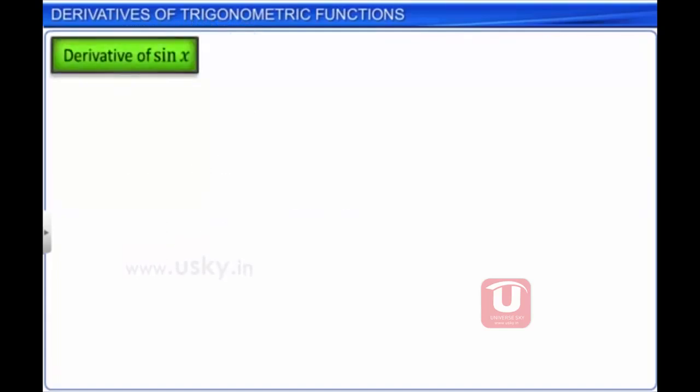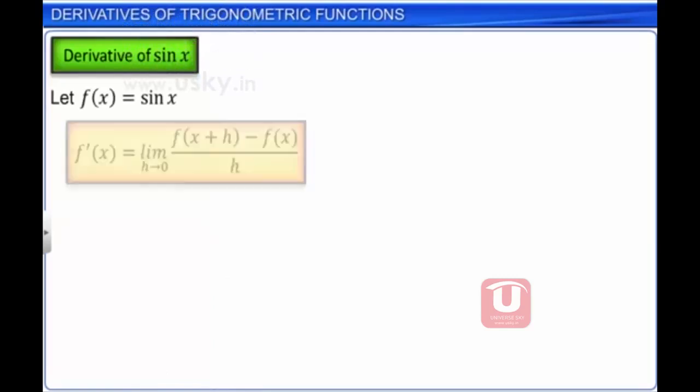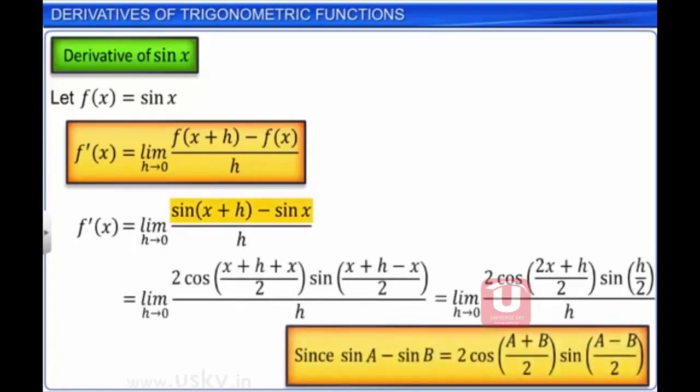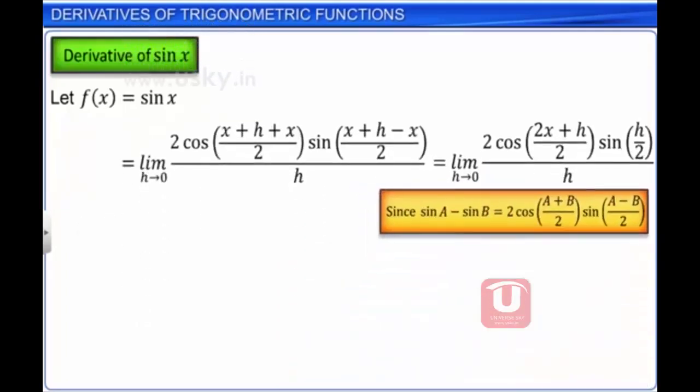First, we will find the derivative of the function sin x. Let's apply the first principles method. The numerator takes the form as shown. As h tends to 0, h divided by 2 also tends to 0.